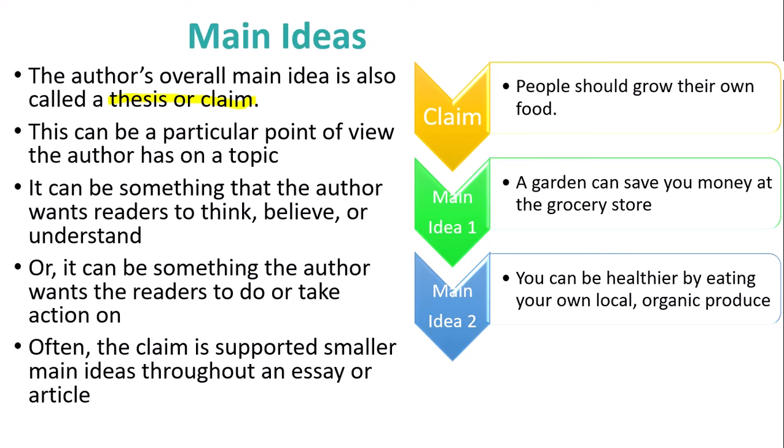Main idea 2: you can be healthier by eating your own local organic produce. Again, I would expect that whole paragraph to focus on that idea, and it might even be 2 or 3 paragraphs that have that idea in it. But they're all connected to the topic. And the topic would be gardening or growing your own food.